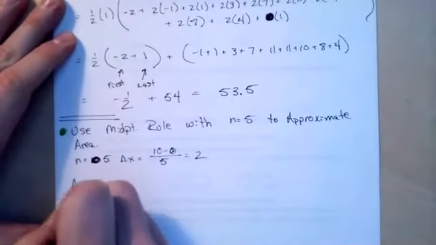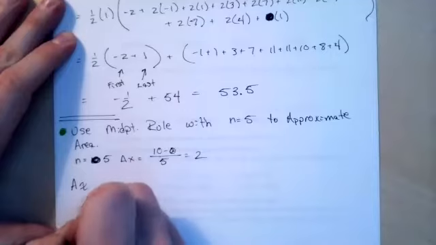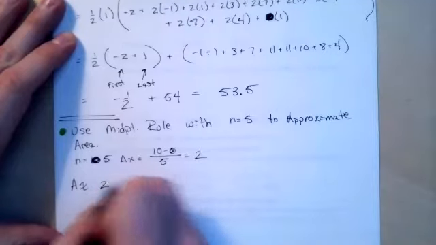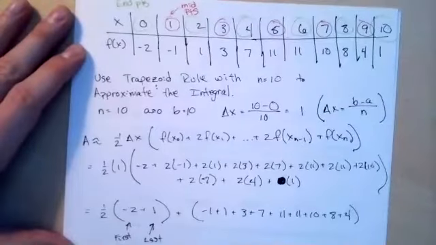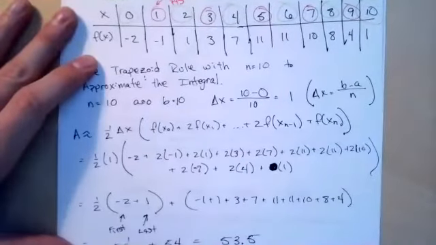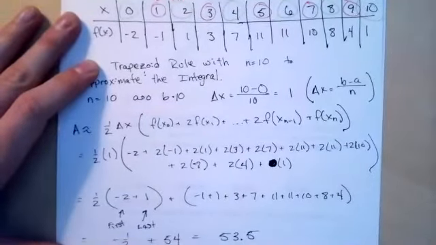So our area is going to be delta x times the sum of those y values. Let me write them down. We've got -1 plus 3 plus 11 plus 10 plus 4.